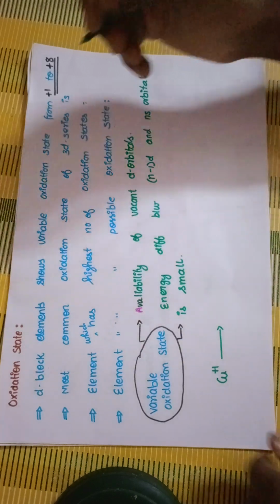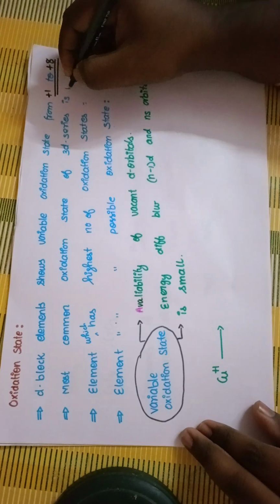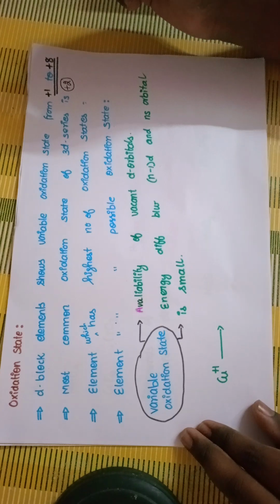The most common oxidation state of 3d series elements is +2. It is ready to lose 2 electrons, for all the elements present in the 3d series.